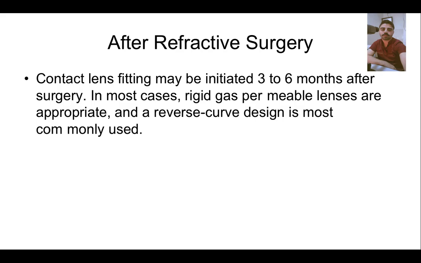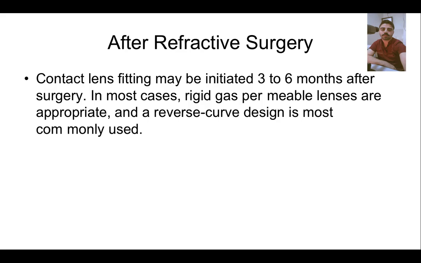And what sort of contact lens will be suitable? Once again, it depends on the refractive error which is still not corrected. If there is only a residual spherical refractive error, that could be corrected either with a soft lens or with an RGP lens.